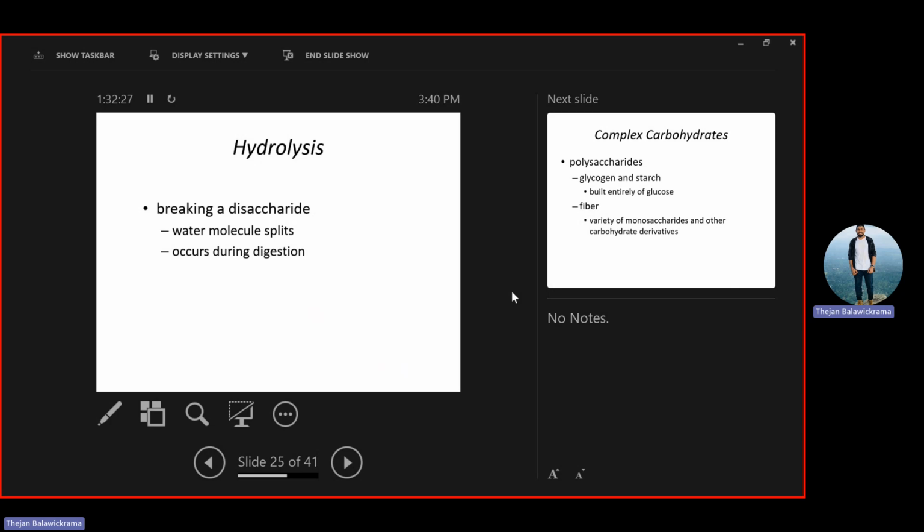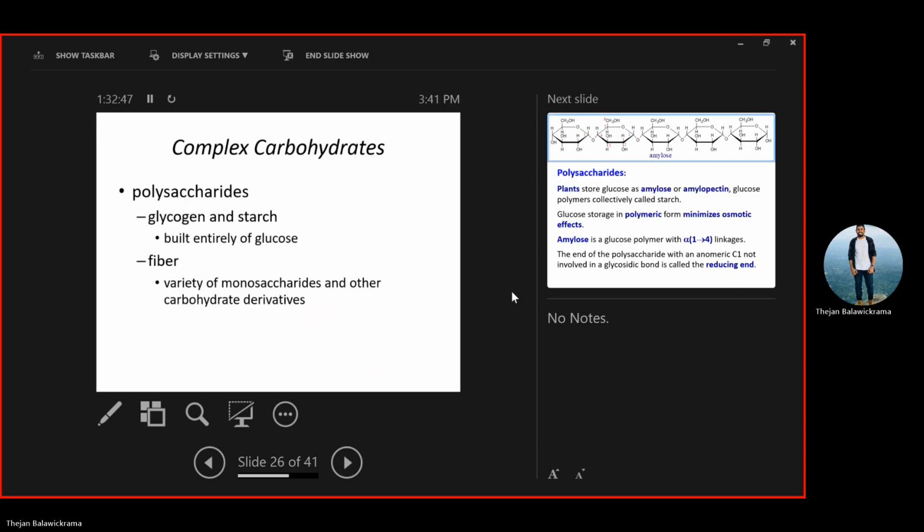Basically, the water molecule splits, and by using that it is breaking the disaccharide molecule. So monosaccharides, disaccharides.